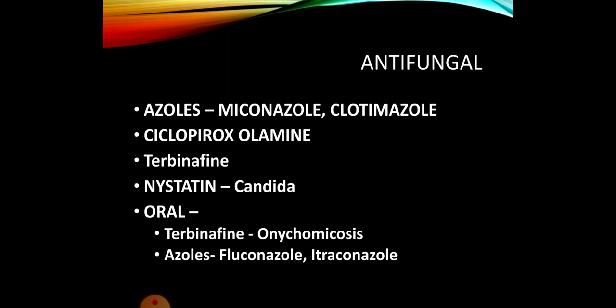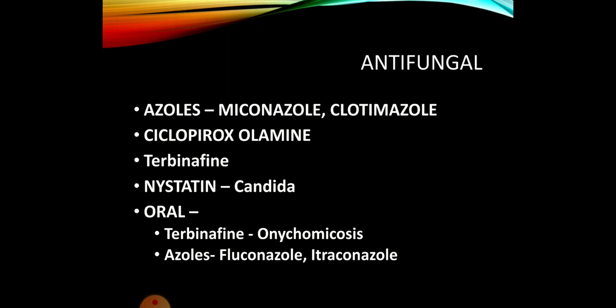So let's start with the most commonly used drug in case of superficial fungal infection, that is the azole group of antifungal agents. This azole group can usually be classified into two types: imidazoles, which are miconazole, clotrimazole.